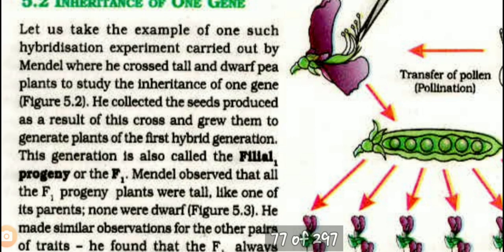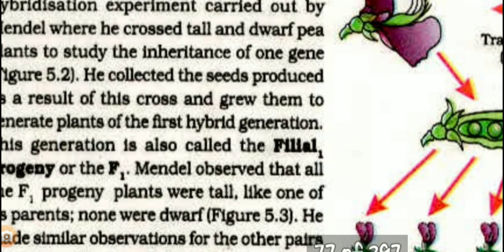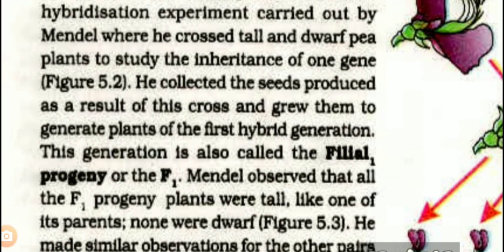He collected the seeds produced as a result of the cross and grew them to generate plants of the first hybrid generation, and he named this generation filial 1 or F1.